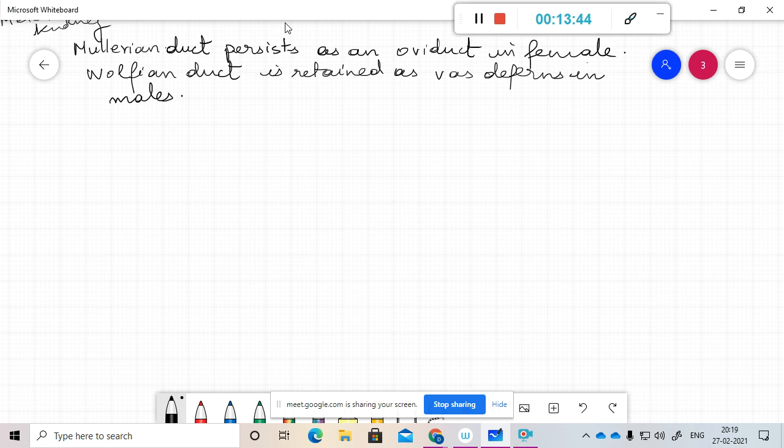Now what is this Wolffian duct and Mullerian duct? Let me show you a picture.